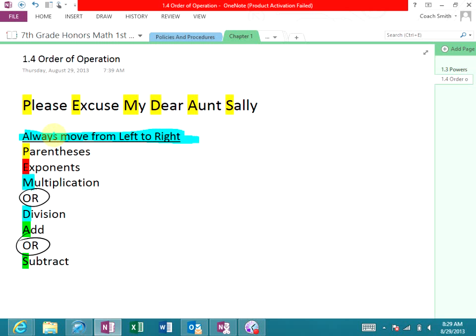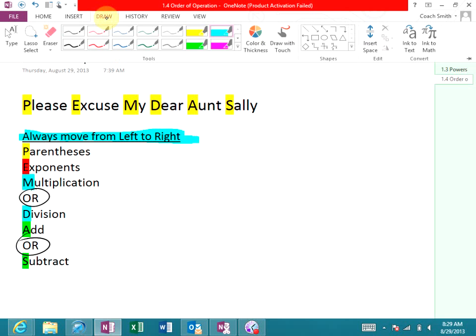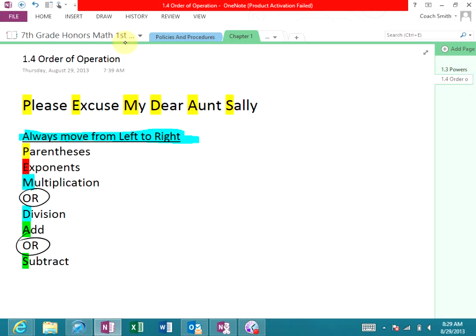So, for example, if I have this problem right here, if I had 2 times 2 plus 2 divided by 2, okay? If I had that right there, what would I do first?